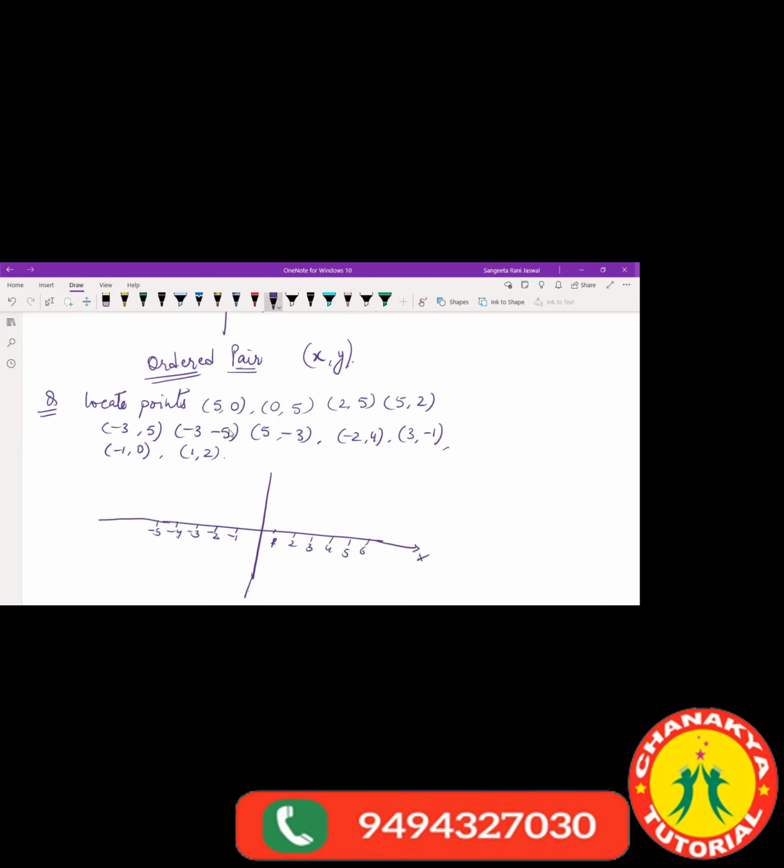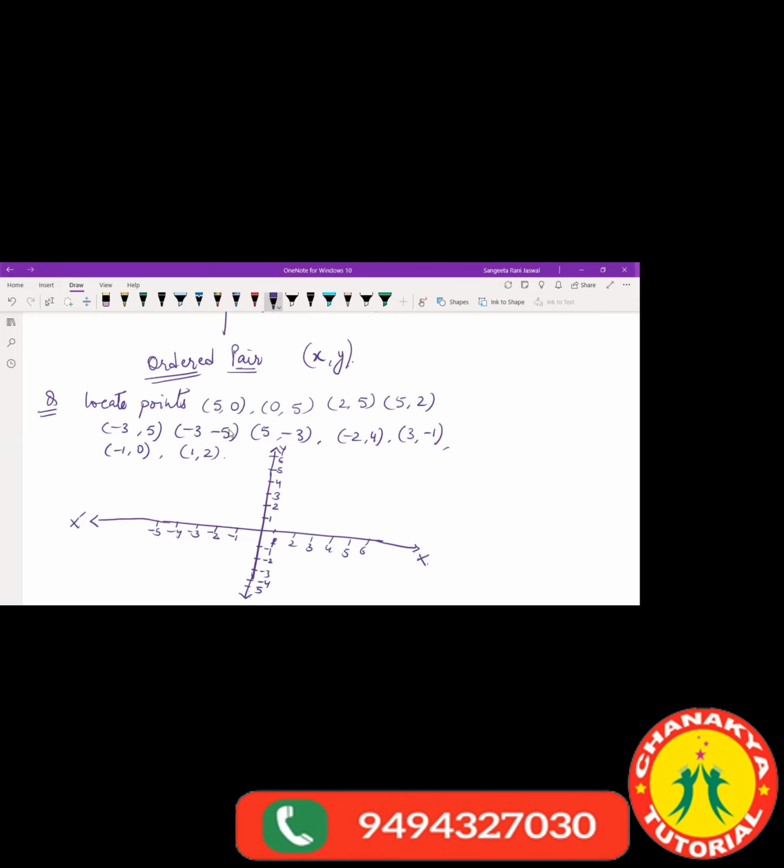I call this the x-axis and this side x dash. And this side I have positive y, 1, 2, 3, 4, 5, 6, and so on. And this side we have negative y-axis -1, -2, -3, -4, -5, and so on.